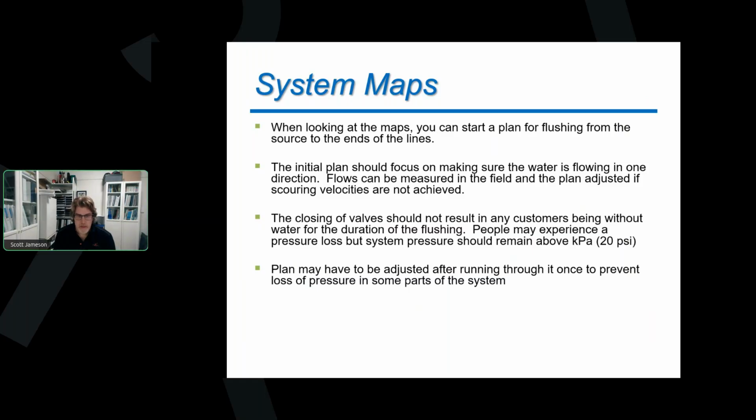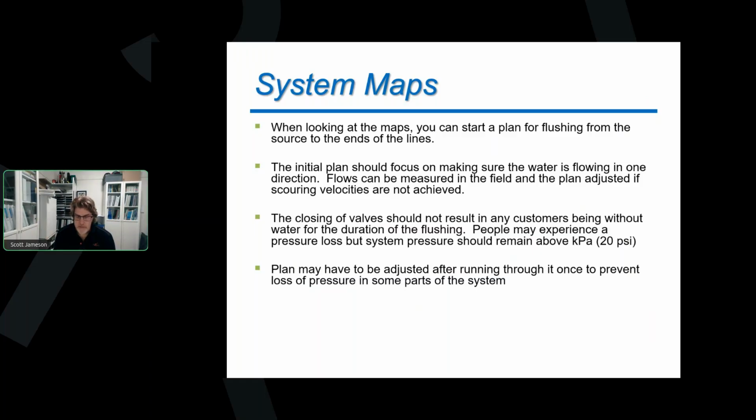So this one's a pretty critical one for unidirectional flushing programs, especially when you're going through it the first time. When we're looking at the plan and we're putting this together, we need to give a critical look at the map and try to pick out some spots where, you know what, we might have low pressure here while we do this flushing event.